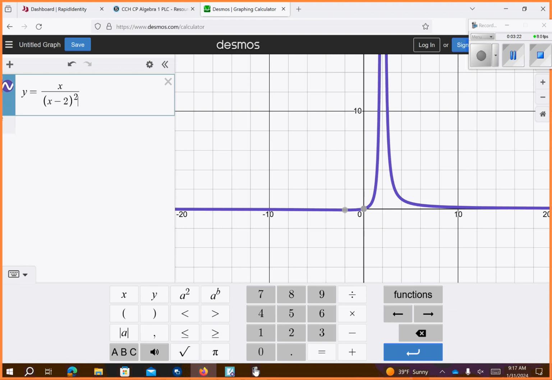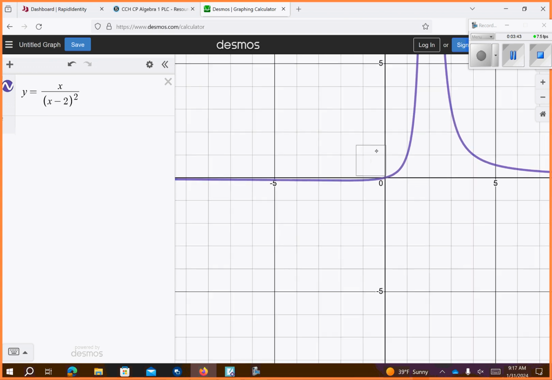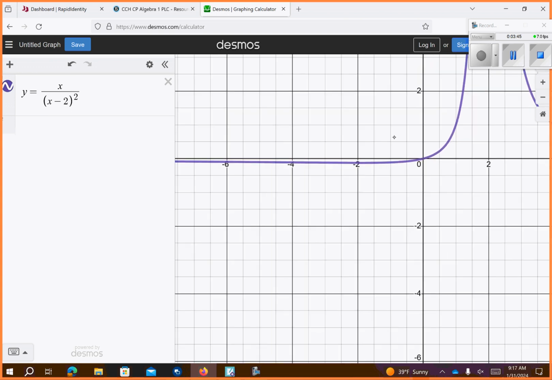Okay. So, couple of features that we should know. Oops, I don't want that twice. I only want it once. I have that point. Ooh, take a look what's going on here. So, it comes through here, 0, 0.